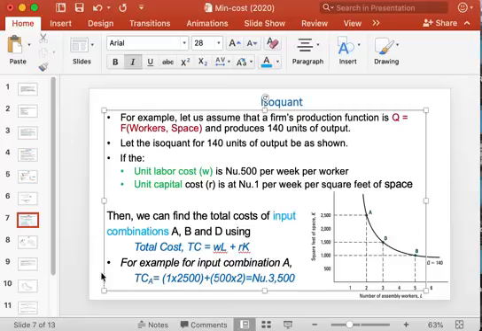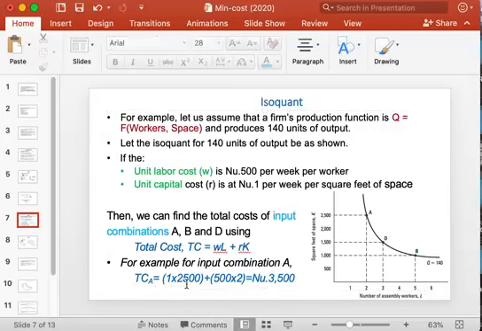So this is how you can find out the total cost. You can proceed accordingly for input combination B, where the combination of input is 5 assembly workers with 1000 square feet of space, and similarly for the third. So you can find out.